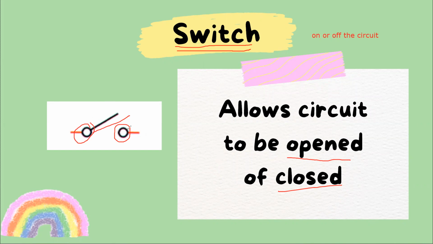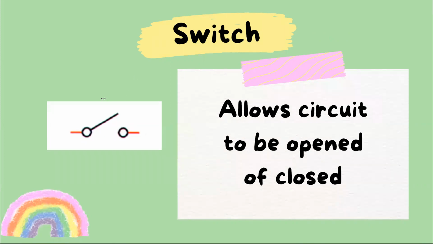However, try to guess what type of switch this is. Is this an open switch or a closed switch? Exactly. This is the open switch. You'll be wondering, teacher, how to know if a circuit is open or closed? Let's say this is your circuit. We just put a very simple circuit: one light bulb, a switch, and a battery.